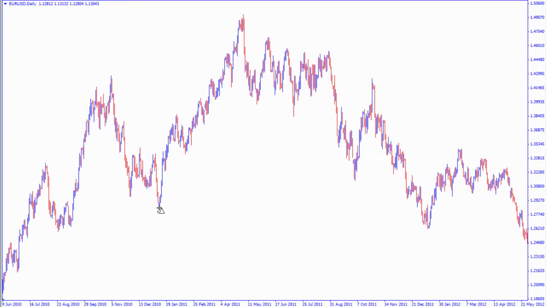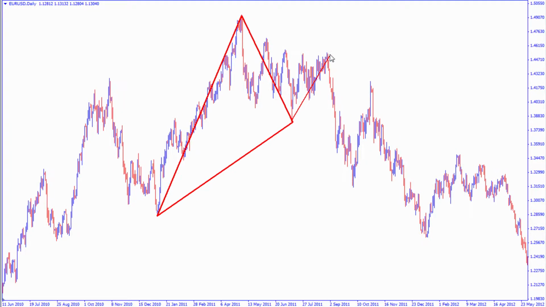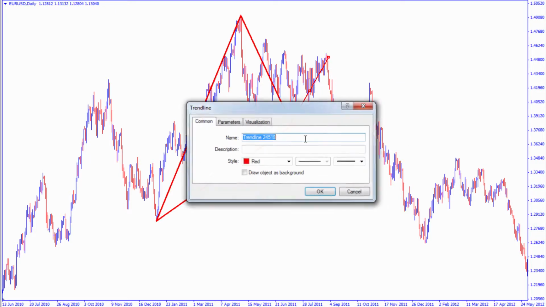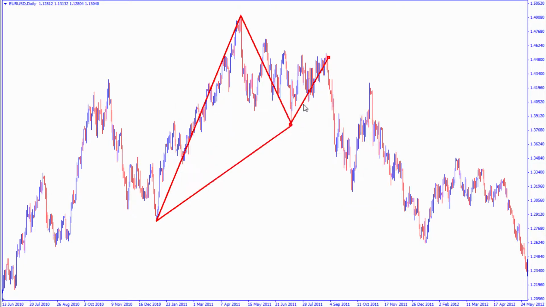Okay, what we don't do is this. We don't do this, this, and then start thinking that the bat pattern is going to happen. I know a lot of traders look at it and they think, well, that's the pattern, that's what we're looking for.